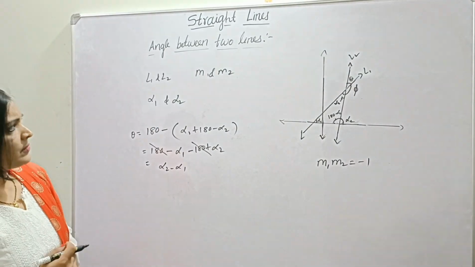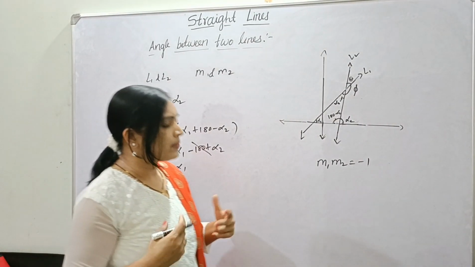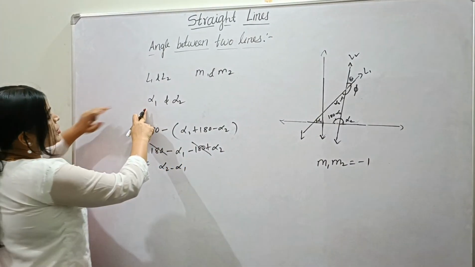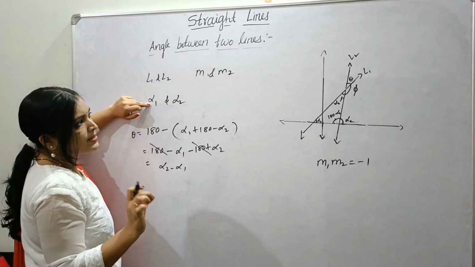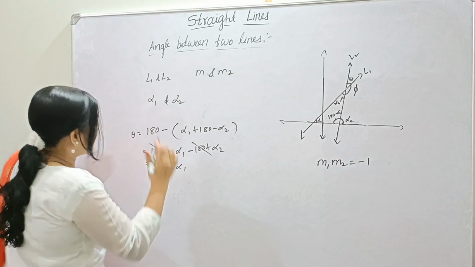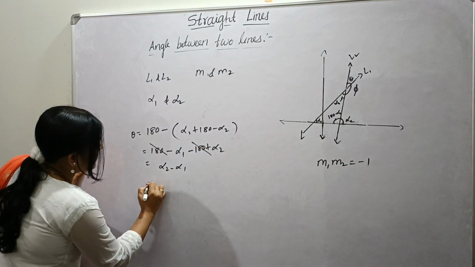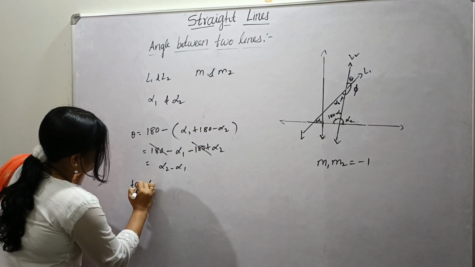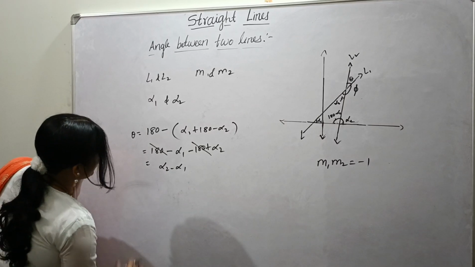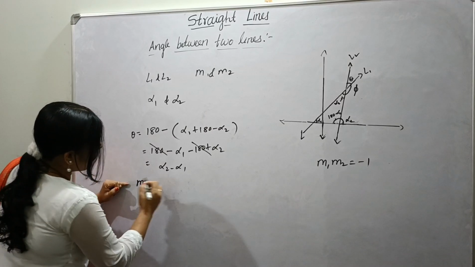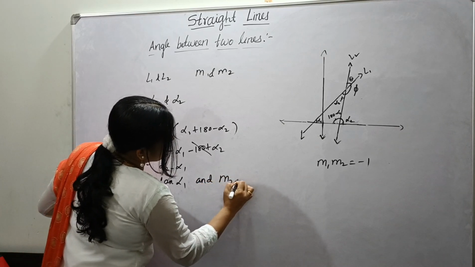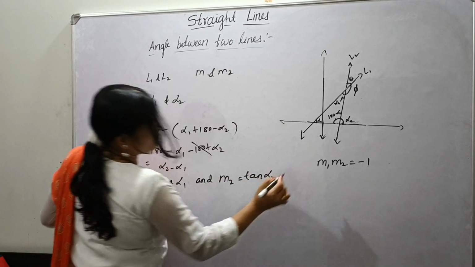By the definition of slope, alpha 1 and alpha 2 are the inclinations of the lines L1 and L2 respectively. Then m1 is equal to tan alpha 1 and m2 is equal to tan alpha 2.